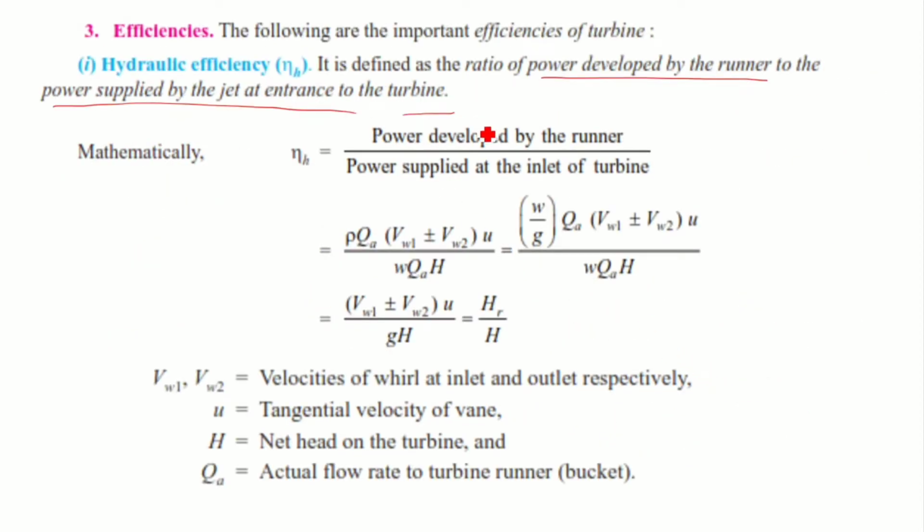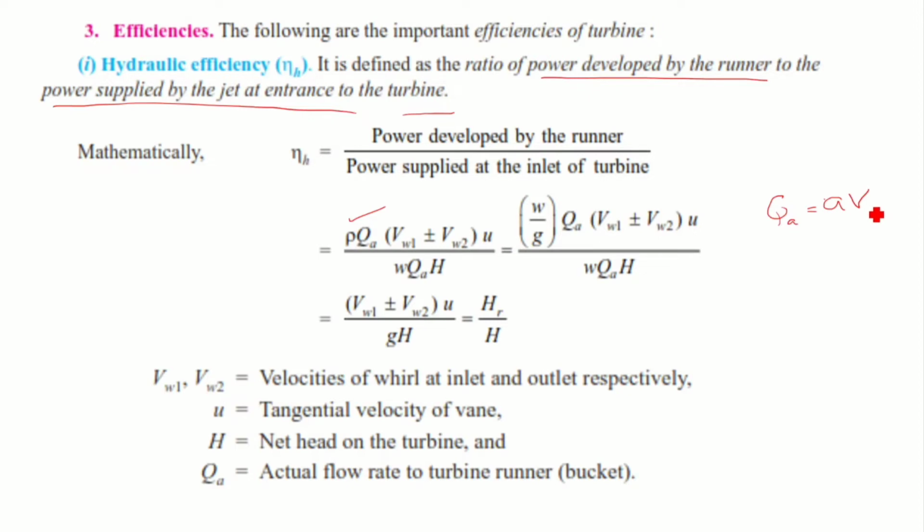We have already derived the equation for power developed by the runner, that is rho into Qa, where Qa is a into v, a into v.